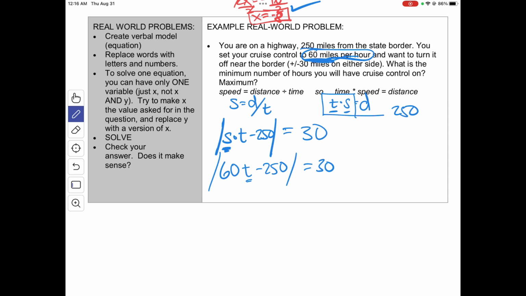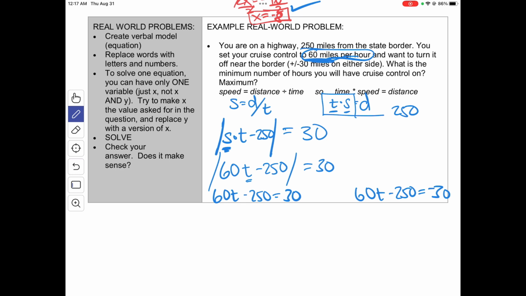I only have one variable, so it's ready to solve. And so I'll just solve it by setting up my two related equations, one of them positive, one of them negative. So 60t minus 250 equals 30. And I'll also test 60t minus 250 equals negative 30. So let's solve these both now.